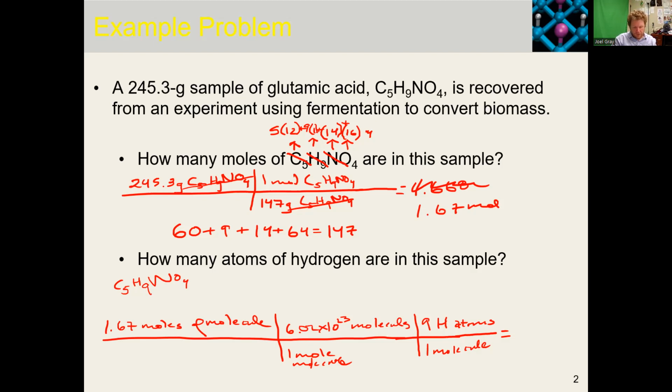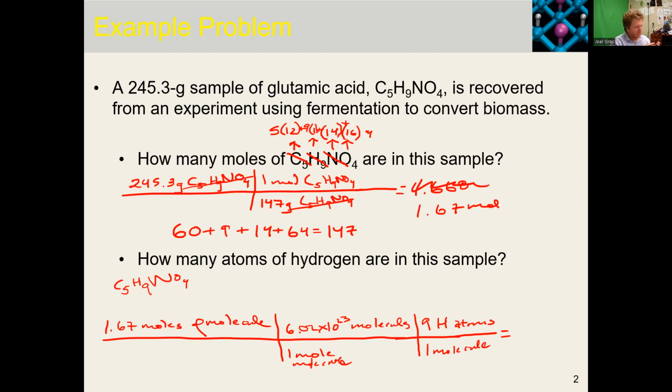So for the purposes of the illustration, I'm going to punch this into my calculator using the big screen. So 1.67 times 6.02, so that's 3. Nope, my calculator actually doesn't even show that.